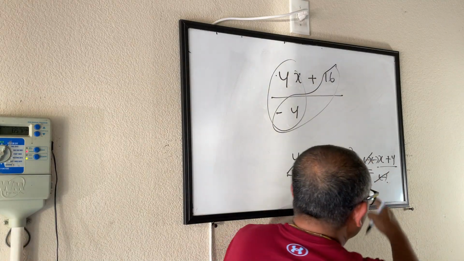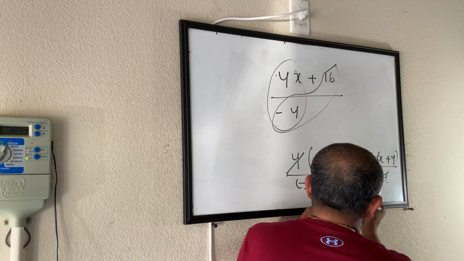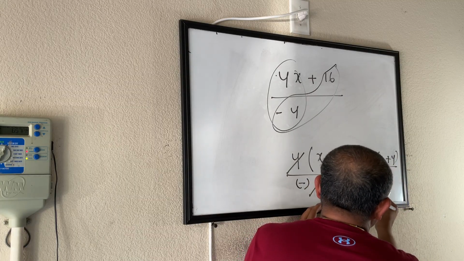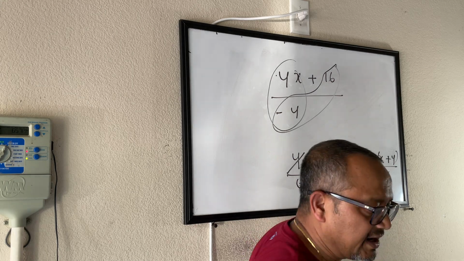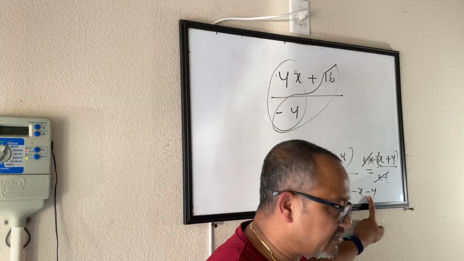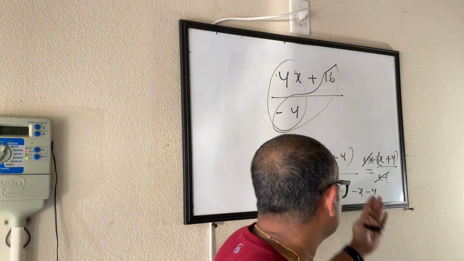So I have minus into x plus 4. So this becomes minus x, and minus into plus is minus 4. Minus x minus 4. If anybody got any plus in between, that was on our side. This was one way of doing it.